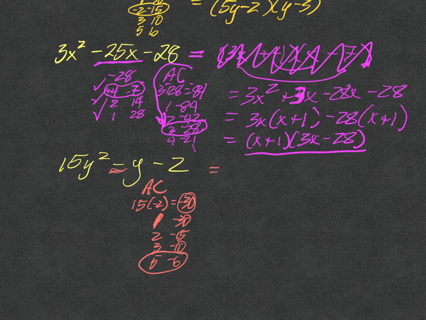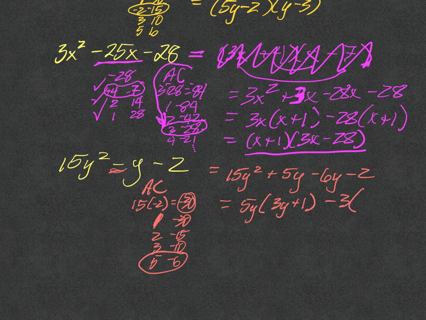So I can now just rewrite the problem. 15y squared plus 5y minus 6y minus 2 equals common factor in grouping. 5y gives 3y plus 1. And then a negative 2 will give me 3y plus 1.